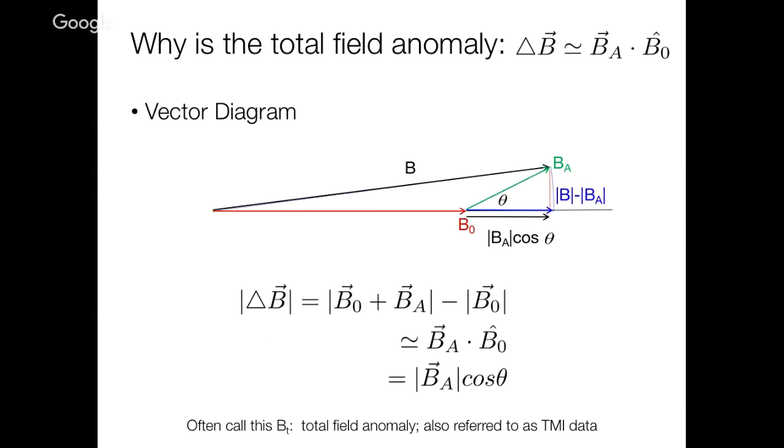You'll notice that where it intersects this axis here is almost the same as the projection of BA onto here. So there's the rationale for why when I take the difference between these two amplitudes, because one is really big and the other is kind of small, then that difference is just related to that projection.